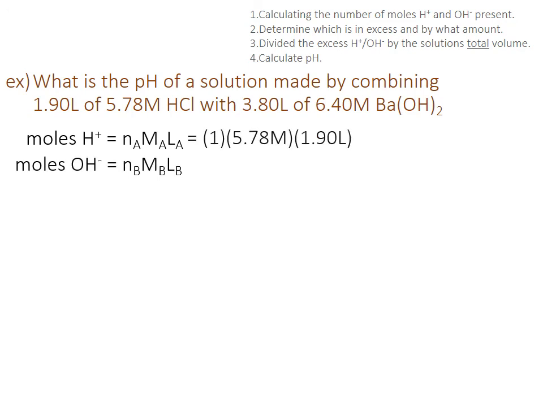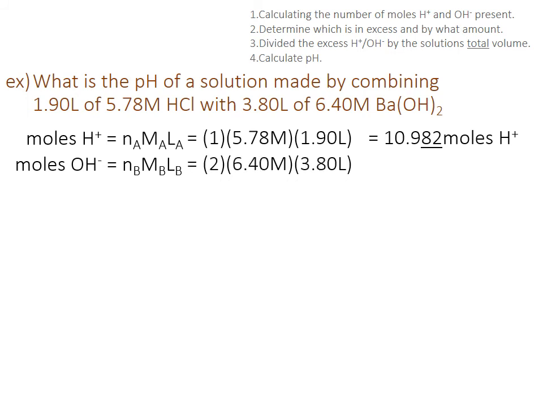Na for HCl is equal to 1 because HCl makes 1 H+. We multiply that by the concentration of the acid and liters of the acid, and we see that we have 10.982 moles of H+. For the base, the Nb is equal to 2 because barium hydroxide makes 2 hydroxide ions. We multiply that by the base's concentration and volume, and we see that we have 48.64 moles of hydroxide.